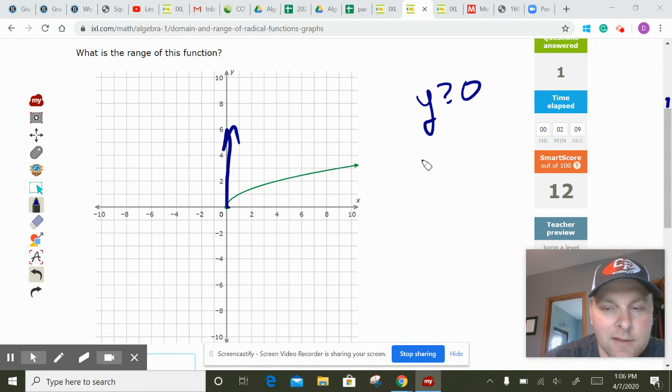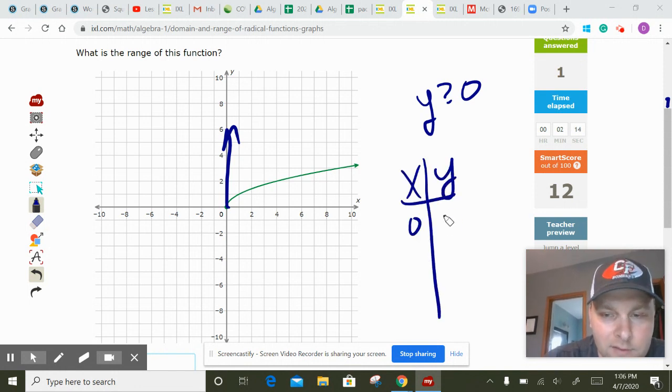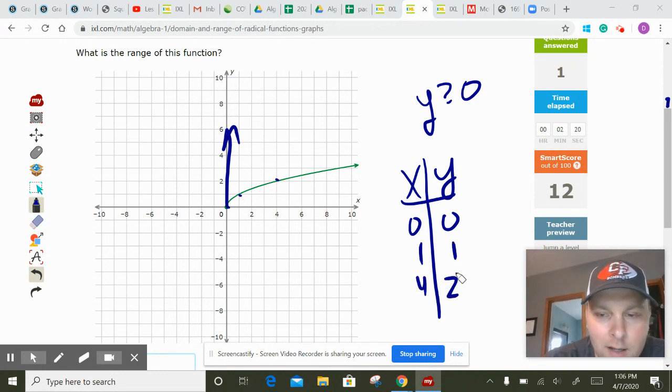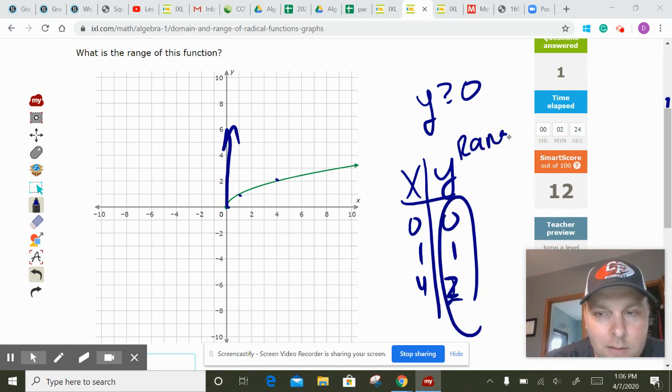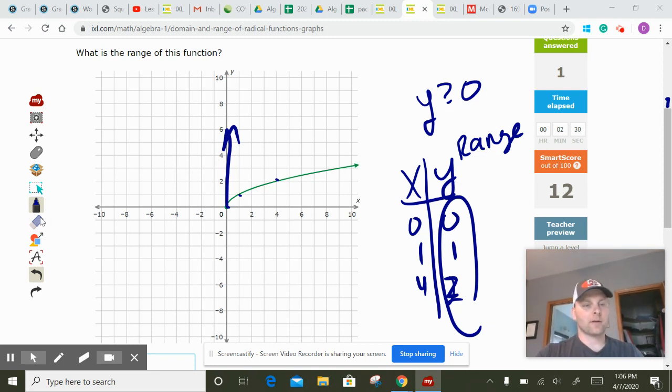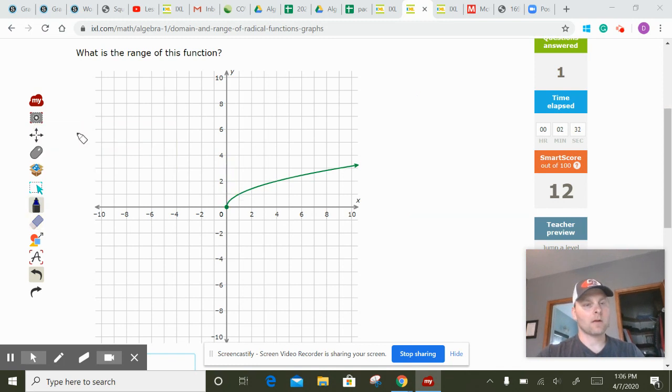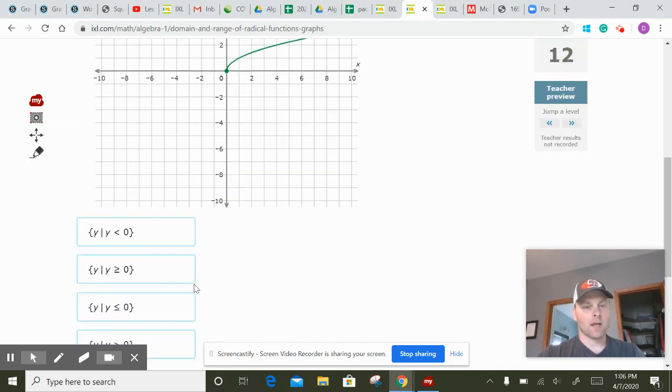Another way to think of this is if you actually had a table of values, it passes through 0, 0, and this point is 1, 1, and this point is 4, 2. These numbers right here, the y numbers, that's your range. And we can see that this is increasing, starting at 0 and increasing. So y is greater than or equal to 0. Let's put that in. And there it is.